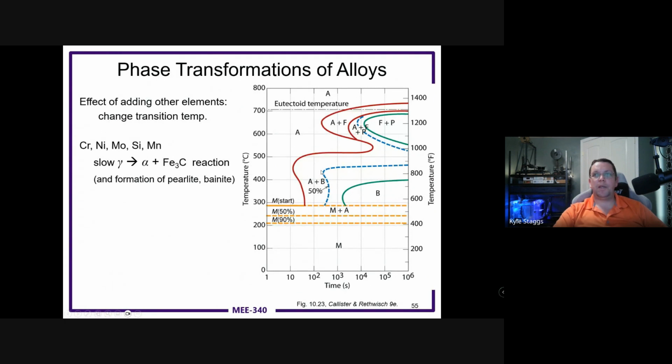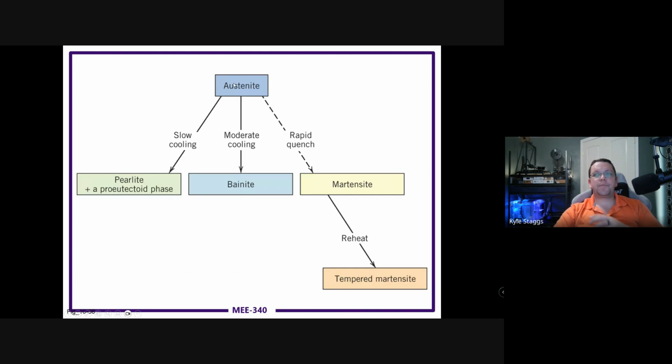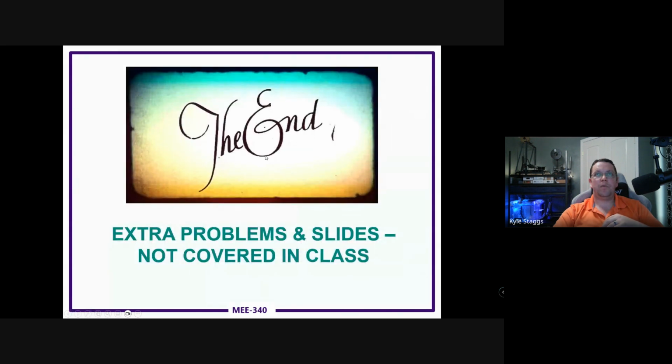It's not always going to be perfectly clear where you're going to find the 50% line, for instance. It's trying to split the difference between the two, but it's not always going to look clearly that way. So here, a transition happens very slowly to have the ferrite plus perlite, and that's what the F is representing there. So we're going to look a little bit more about that process and what it looks like.